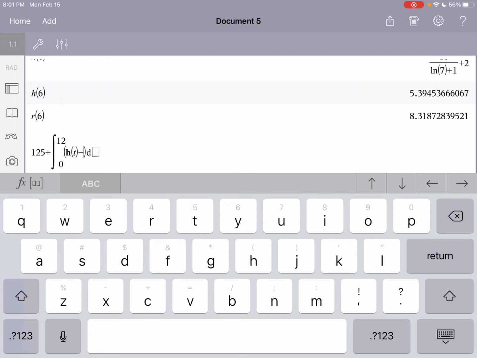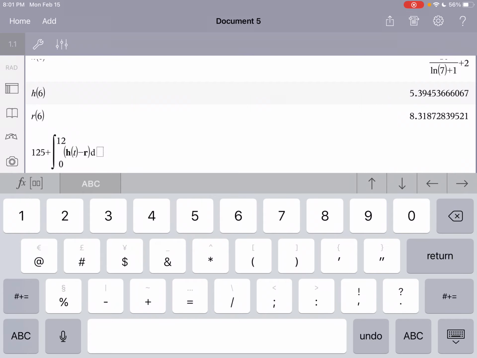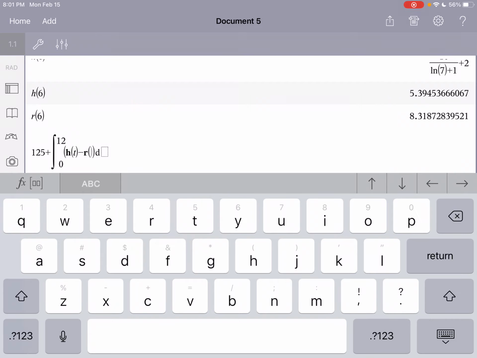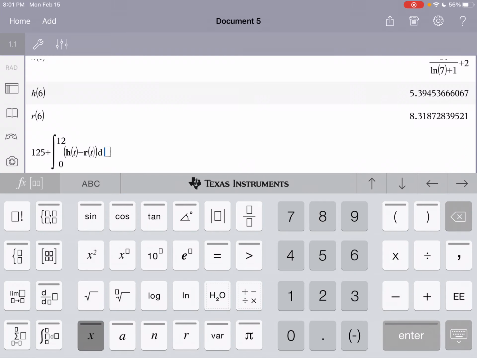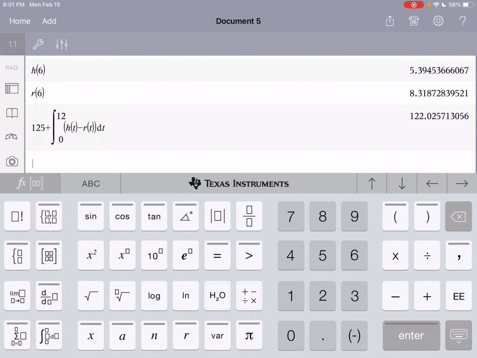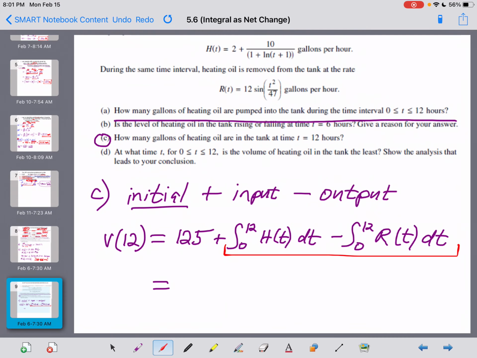Minus, and then the output function was going to be r of t. Okay, and we're integrating all of that with respect to t. And that should do it, everybody. So if I want the approximate value right there, this is what we end up with. 122.026 would be our answer here.